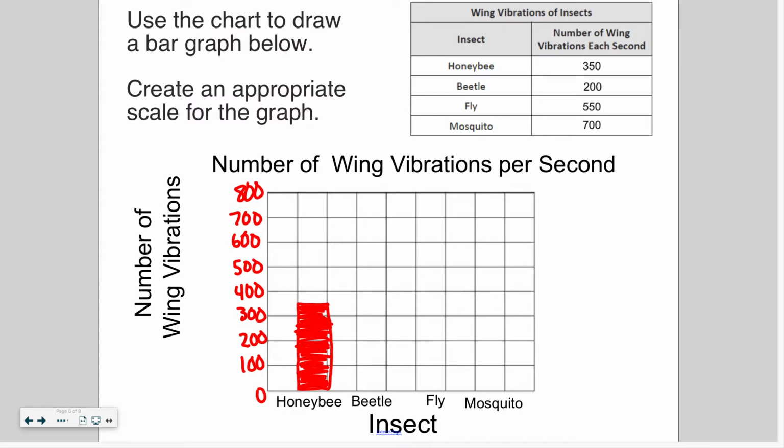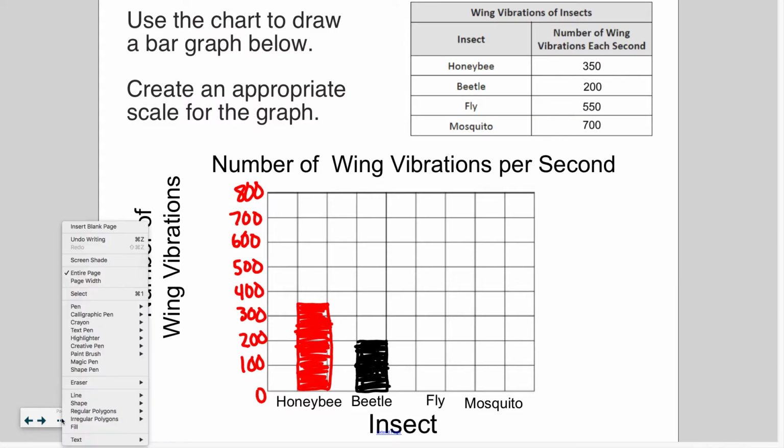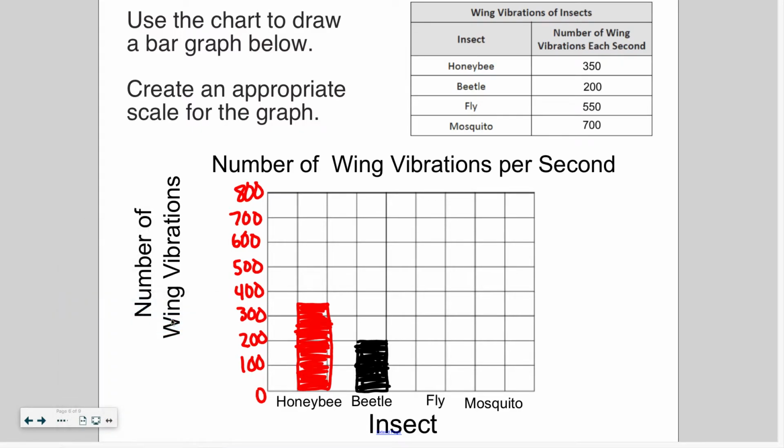Next I want to do beetle, which is 200. Change the color. Beetle for 200, that's right here. Then I have fly at 550. So 500 is this line, and 600 is up here, so I'm going to do halfway, 550.